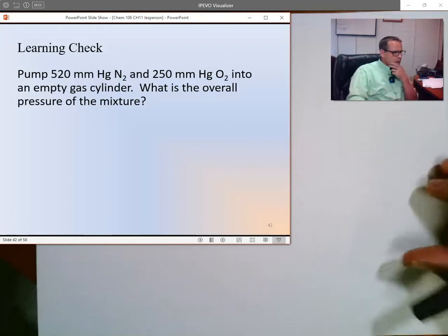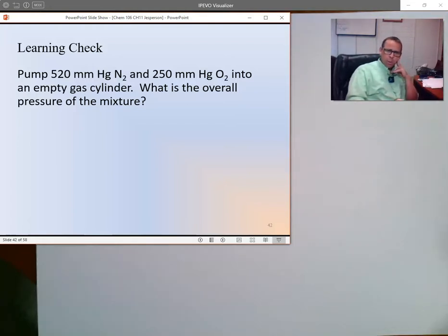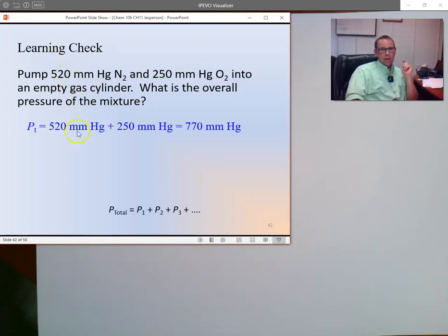So, Sarah, what do you think? What would be the resulting pressure in this container if I pumped these gases in at these pressures? That's right. I would just add up the pressure contributed by the nitrogen, the pressure contributed by the oxygen, and that would be the total pressure in the system.